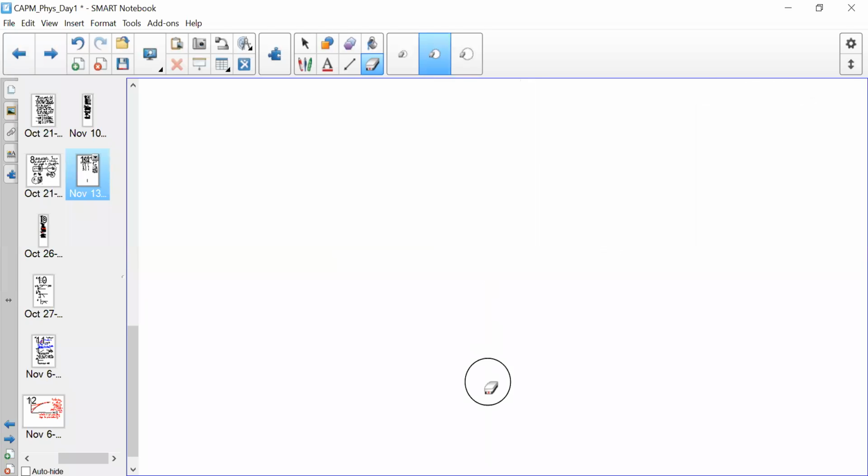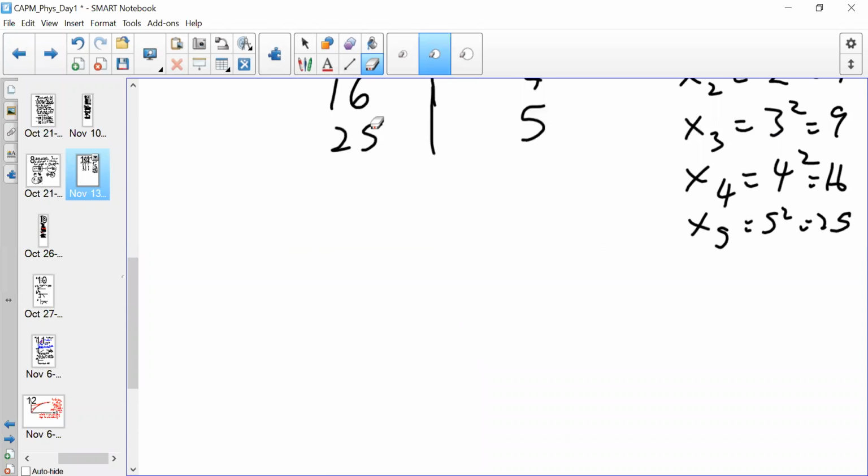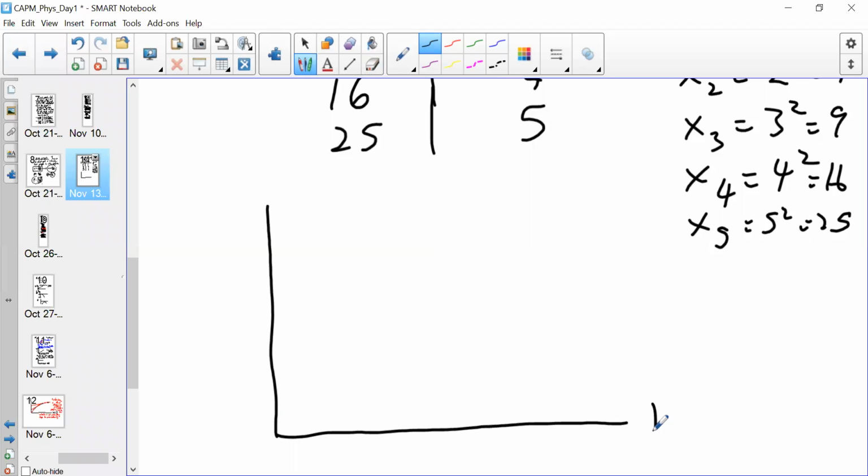But okay, so we have position in meters, time in seconds, and we know that this is going to grow quadratically.